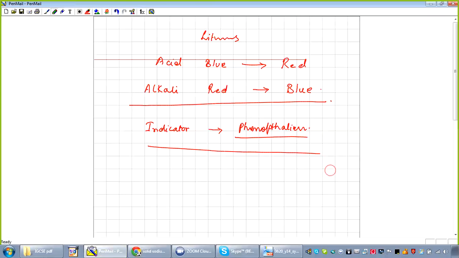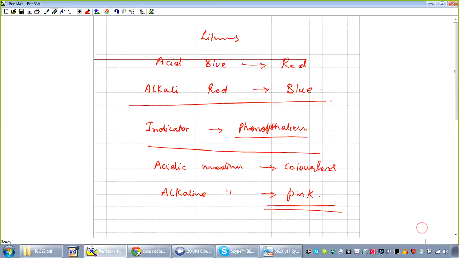So here now we are going to see the color changes for phenolphthalein. Phenolphthalein in acidic medium is colorless, and in an alkaline medium it becomes pink in color.